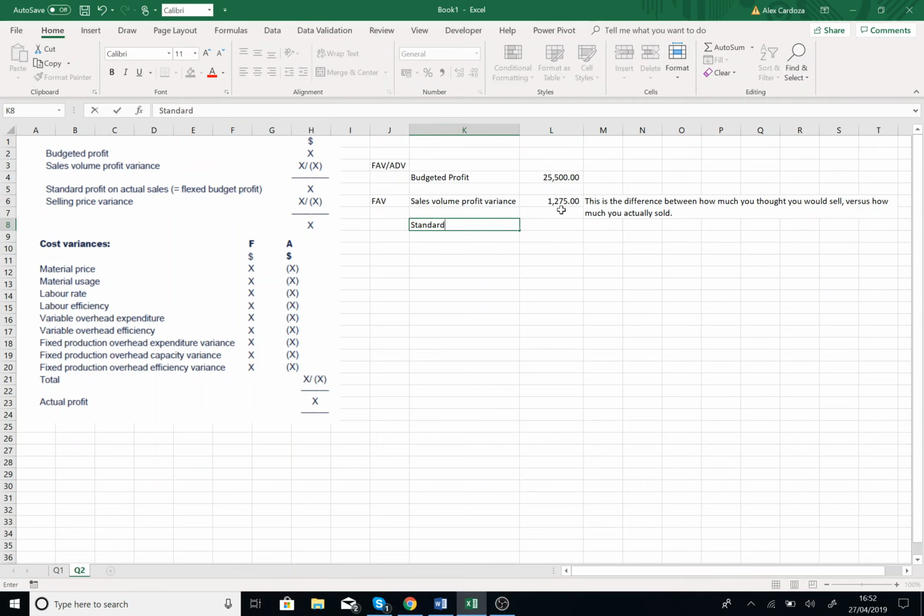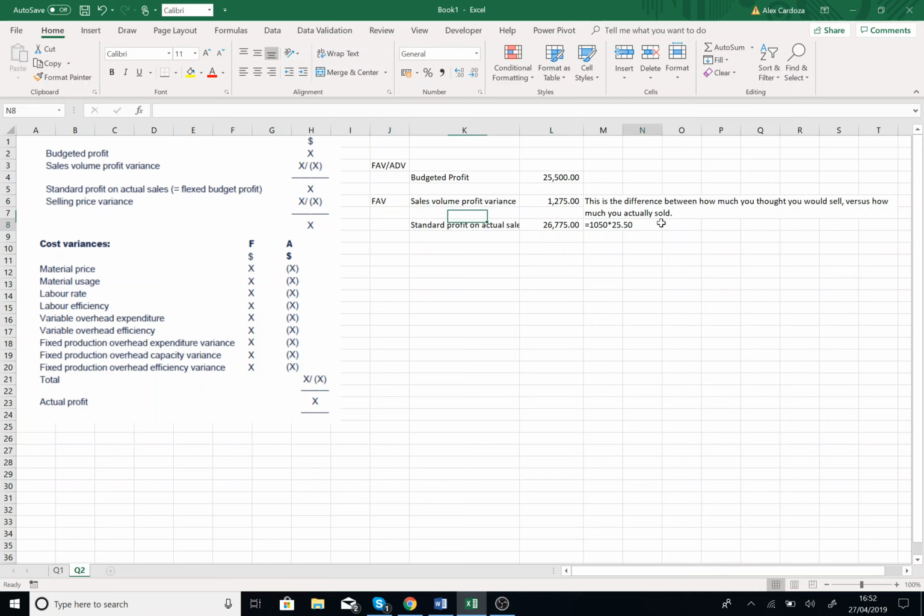We've got standard profit on actual sales, which is just that plus that. And if we see what that works out as, that would be the same as taking 1050 times by 25.5, yeah? And that's what they mean by flexed budget here.